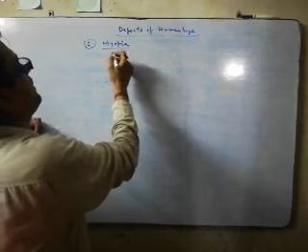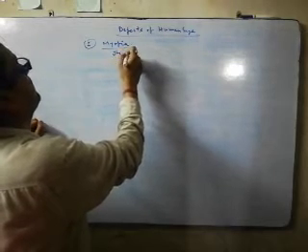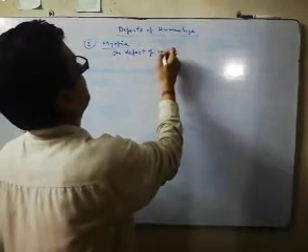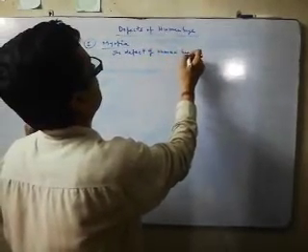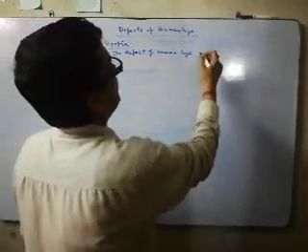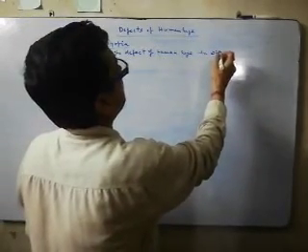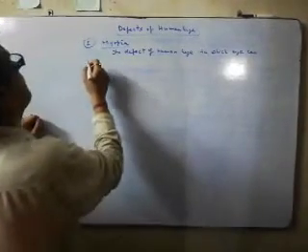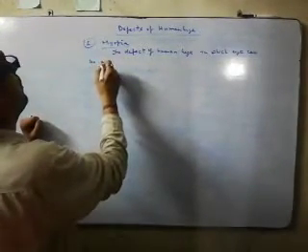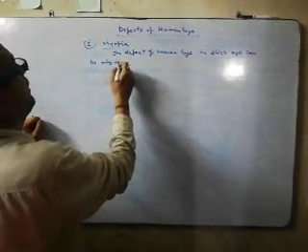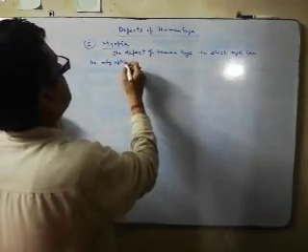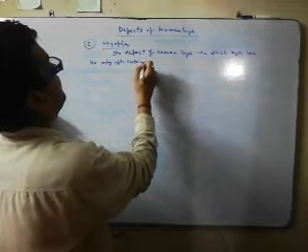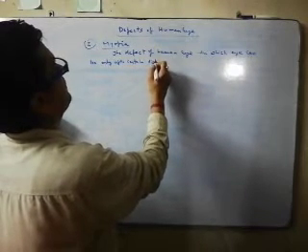Myopia means the defect of the human eye in which I can see only up to a certain distance.